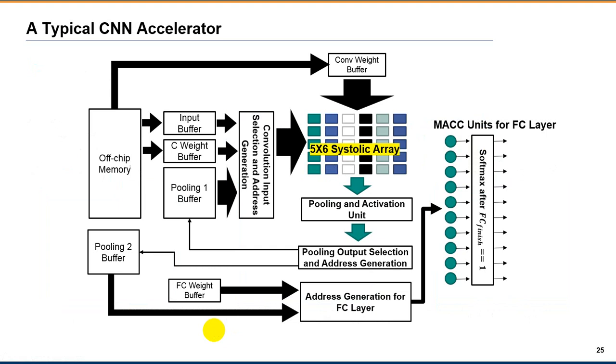So this is a typical CNN accelerator, which is based on a systolic array, and it has off-chip access. It has some on-chip buffers which take the data from off-chip memory and provide the converted values to the systolic array, the compute engine, which stores the values back to the on-chip buffers, and through the on-chip buffer the data goes to the off-chip memory.